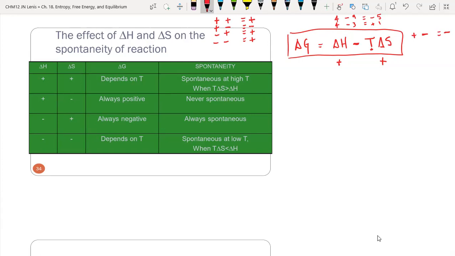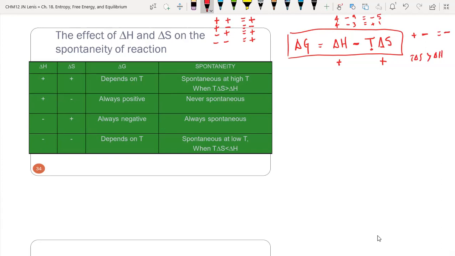So we say when delta H is positive and delta S is positive, it will be spontaneous only at high temperature, when T delta S becomes bigger than delta H. So this has to be bigger than this in order to become negative.